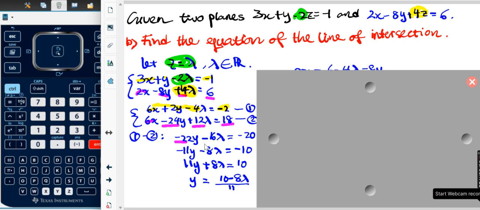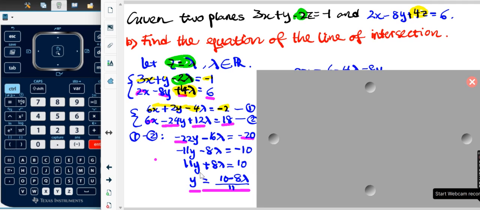Negative 4 minus 12 is negative 16. And then negative 2 minus 18, negative 20. So simplifying this will give me 11y plus 8 lambda equal to 10. So y itself is 10 minus 8 lambda over 11.